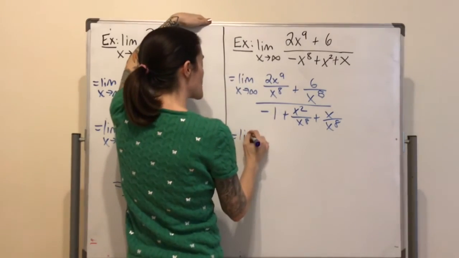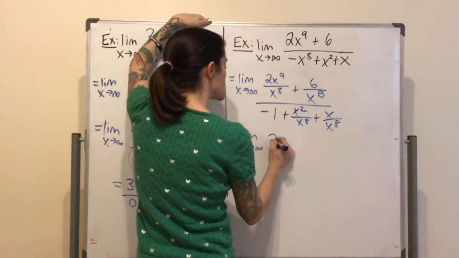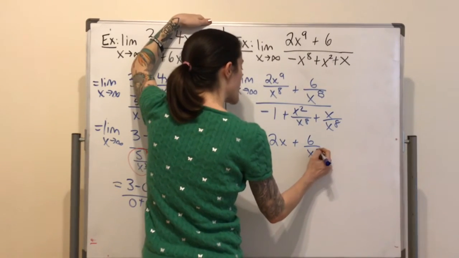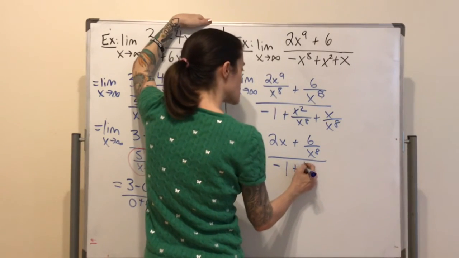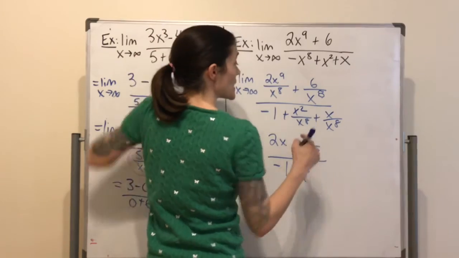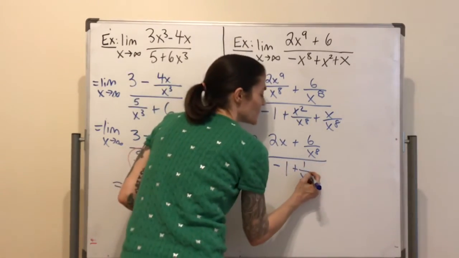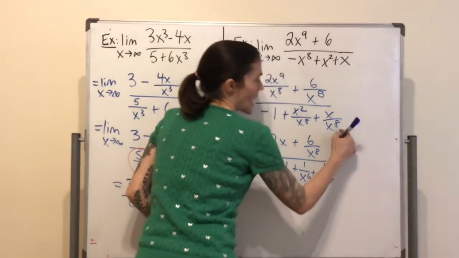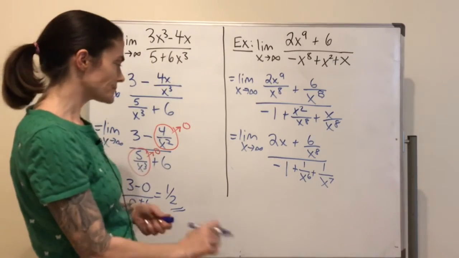And now we use our properties of exponents. This is 2x plus 6 over x to the 8 divided by negative 1 plus 1 over, this would be x to the 8 minus 2, and then x to the 8 minus 1 is x to the 7 in the denominator.